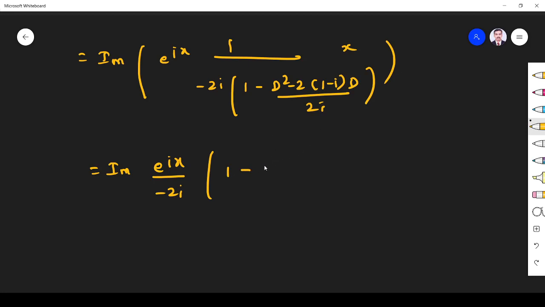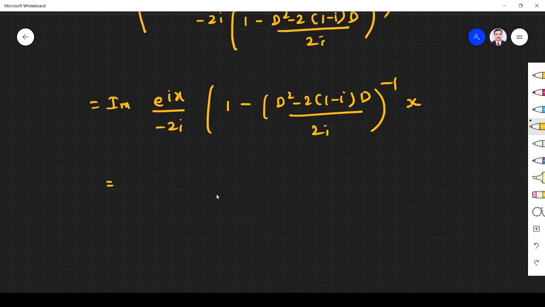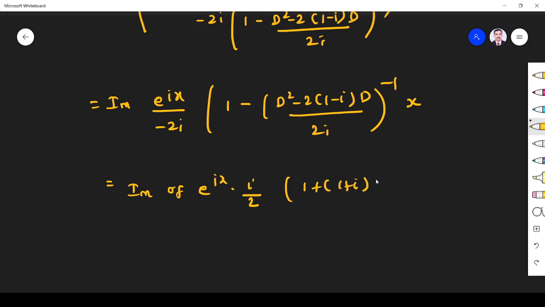I bring the numerator to the denominator, so it is power minus 1. Then we go for the binomial expression, 1 minus x whole power minus 1. If you simplify, what you get is the imaginary part of e power ix into i by 2, (1 plus (1 minus i) D divided by 2i), into x.